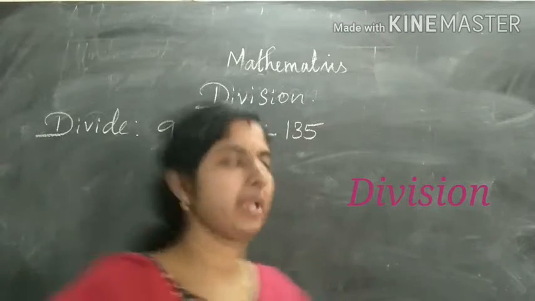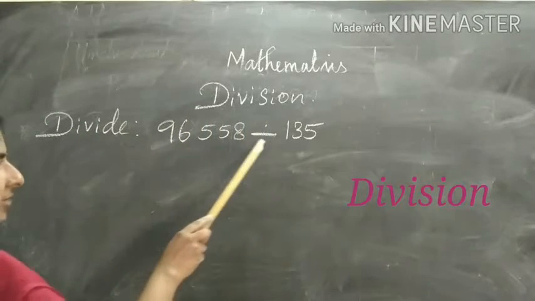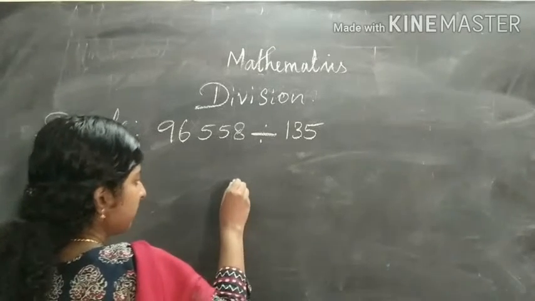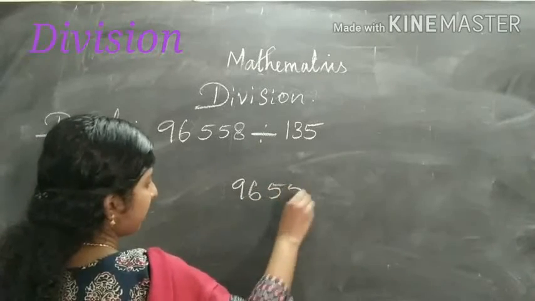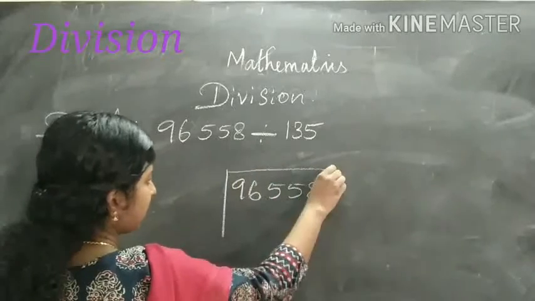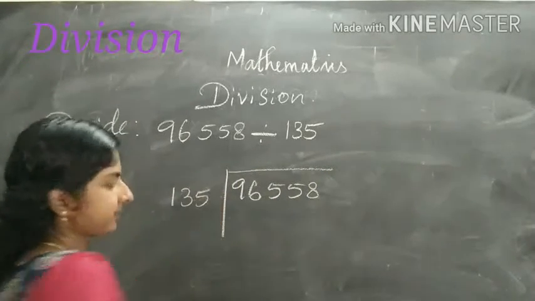See the first question. Divide 96,558 divided by 135.